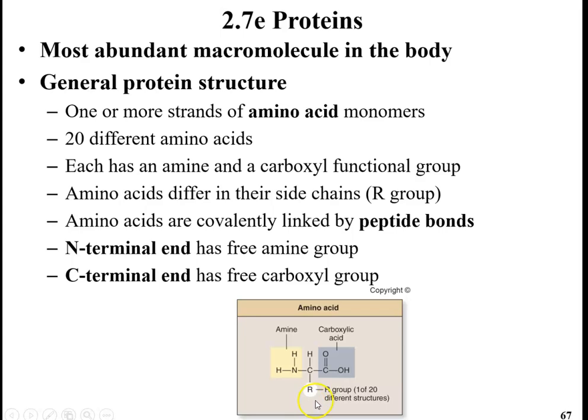So depending on what R group comes next depends on how the sequence of amino acids is going to respond to it. Amino acids are covalently linked by peptide bonds. There is an N-terminal end, that's this end of the amino acid, and there's a C-terminal end, that's this end of the amino acid.